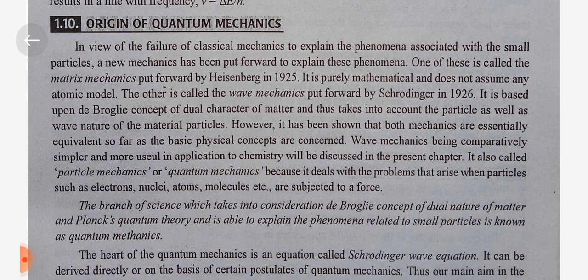The other is called the wave mechanics, put forward by Schrödinger in 1926. It is based upon de Broglie's concept of dual character of matter and thus takes into account the particle as well as wave nature of material particles. However, it has been shown that both mechanics are essentially equivalent so far as the basic physical concepts are concerned.